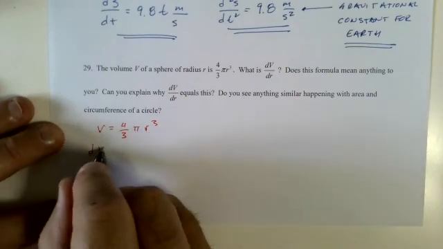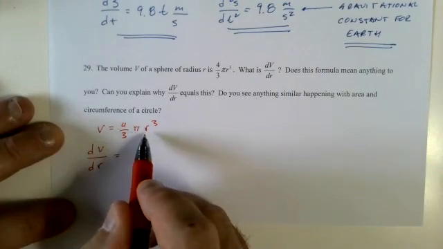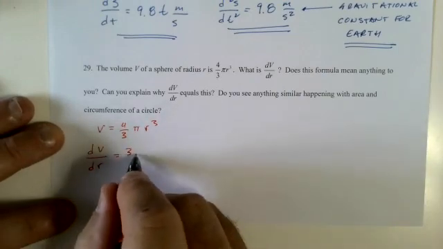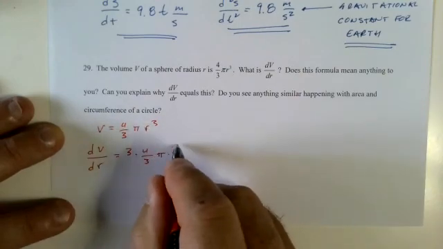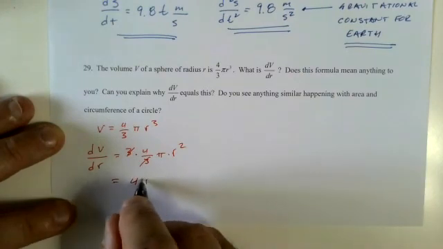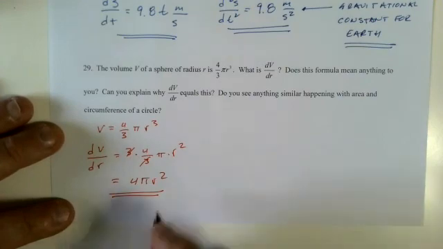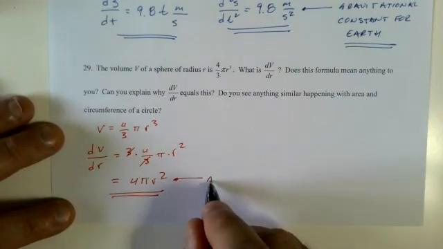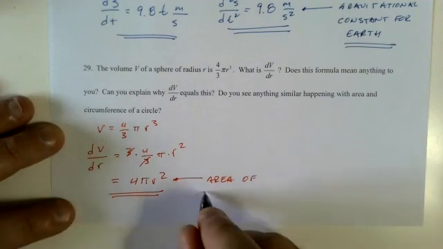So if I say dV with respect to r, I'm just saying that's now my x. It's really not a big deal. 3 out front, r squared pi equals 4 pi r squared. Hey, that's the area of a sphere. Surface area.